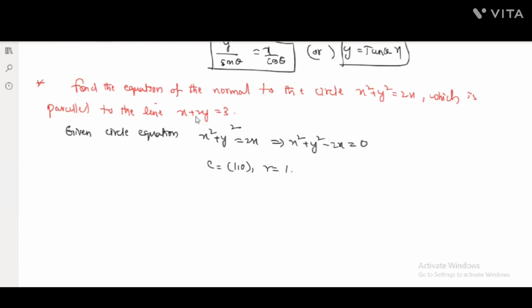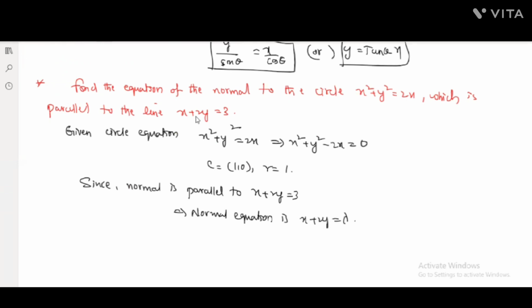Since the normal, what we need to find, is parallel to x plus 2y is equal to 3, that normal equation we can take like x plus 2y is equal to some lambda.